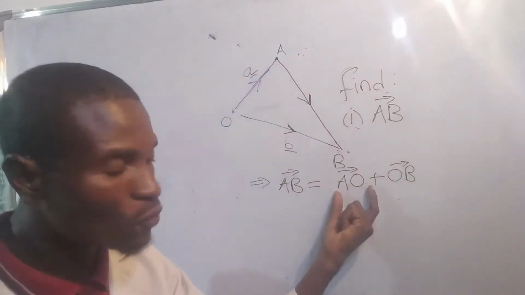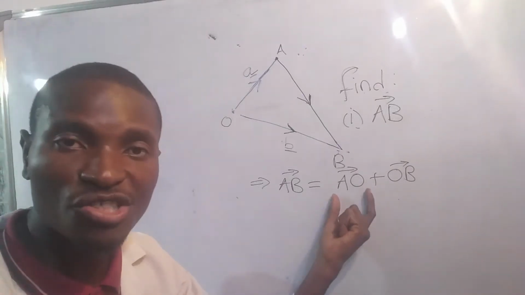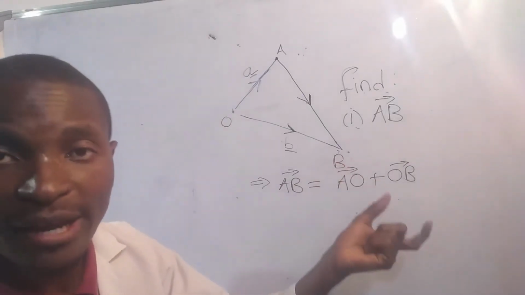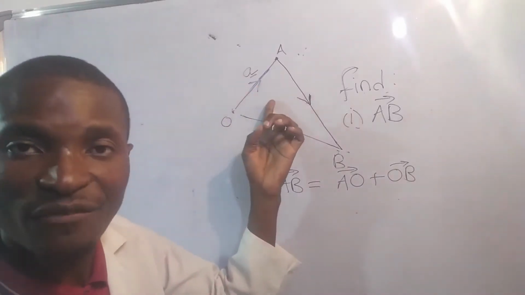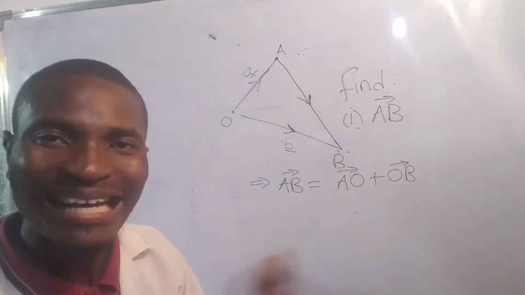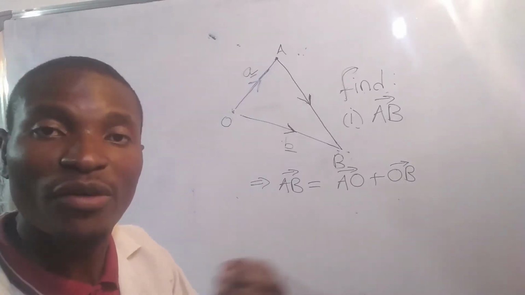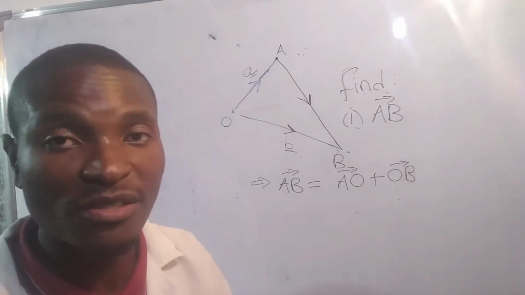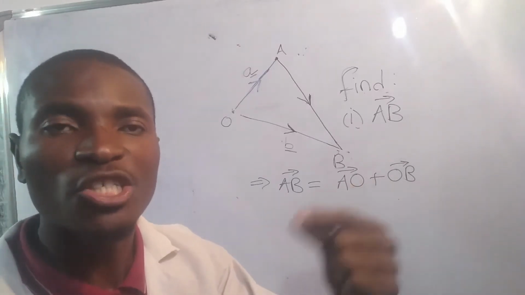So we have to reverse this one and change it into OA so that we have it as given in the diagram. Now, the moment you change the direction of the vector, it simply means that we also have to assign it a new sign.